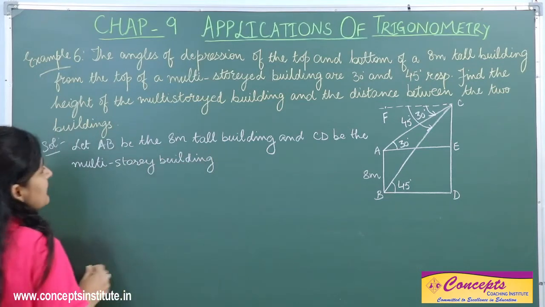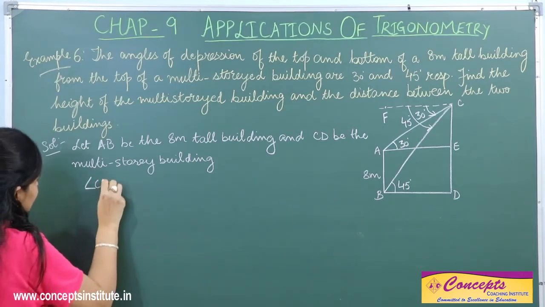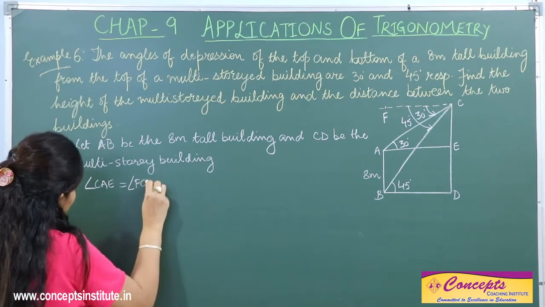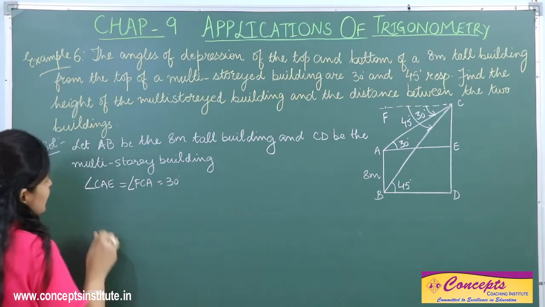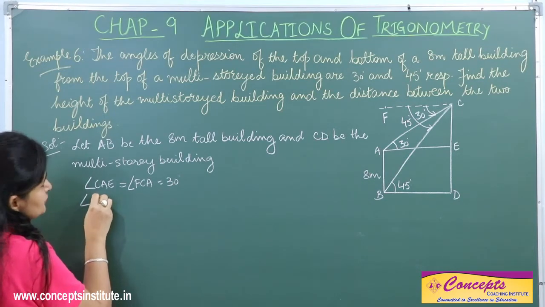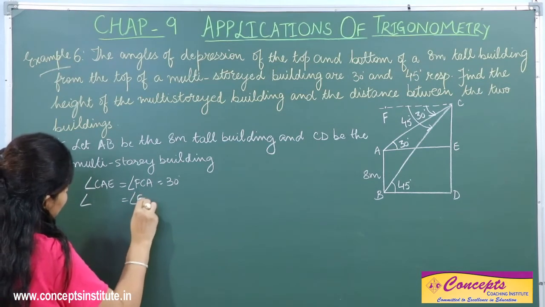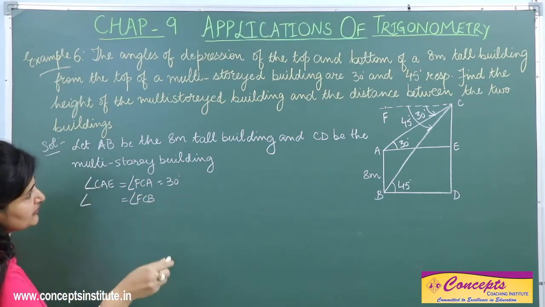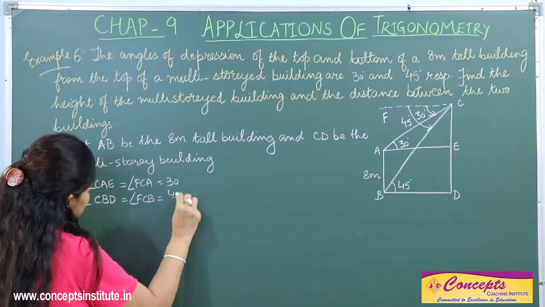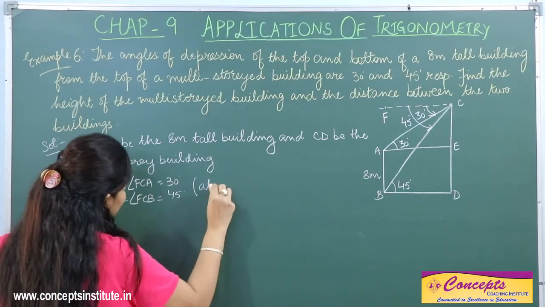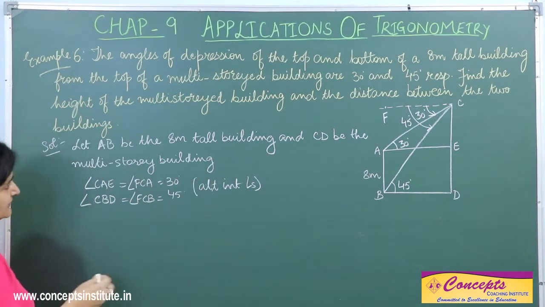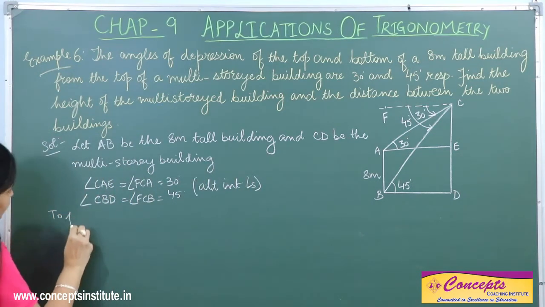So now my angle CAE is equal to angle FCA, and this is equal to 30 degrees, and similarly angle CBD is equal to angle FCB, this is equal to 45 degrees, because both of these are alternate interior angles, right students?